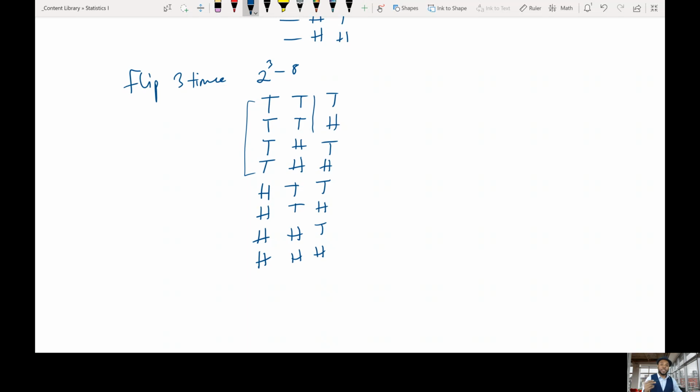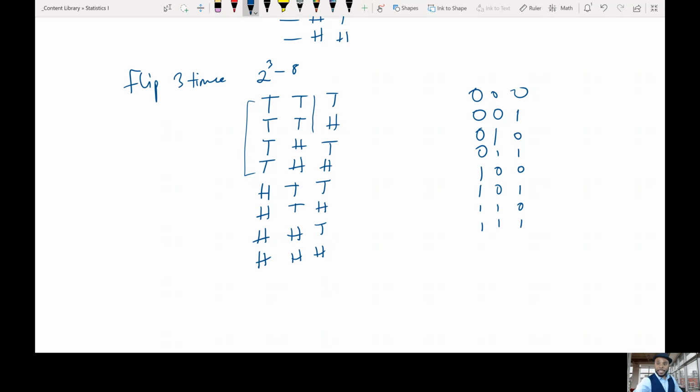Each of these outcomes are unique. And this is a way of counting also in binary. Because when you're counting in binary, this is going to be 0, 0, 0, which is 0 in decimal. So you have 0, 0, 0, 0, 0, 1, 0, 1, 0, 0, 1, 1, 1, 0, 0, 1, 0, 1, 1, 1, 0, 1, 1, 1.